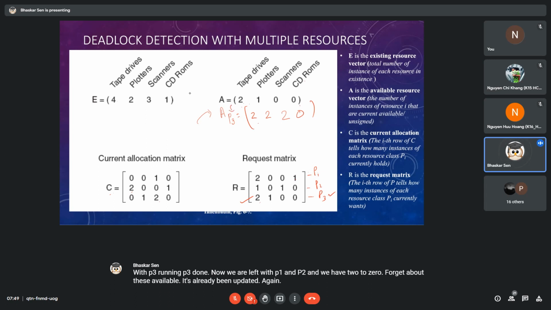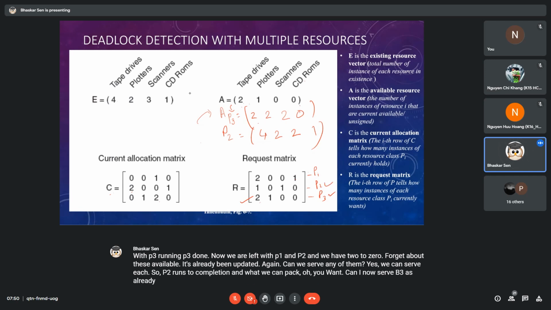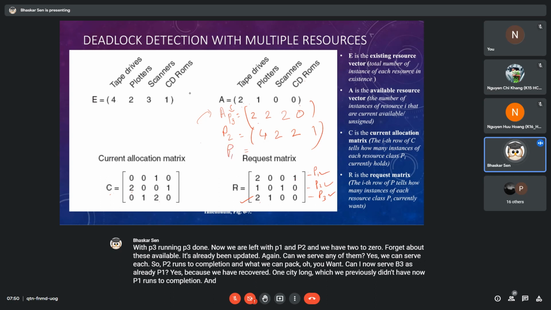Okay. Can we serve any of them? Yes, we can serve P2. So P2 runs to completion, and what do we get back? 4, 2, 2, 1. Can I now serve P1? Yes, because we have recovered one CD-ROM, which we previously didn't have. Now P1 runs to completion, and after that we end up with 4, 2, 3, 1.